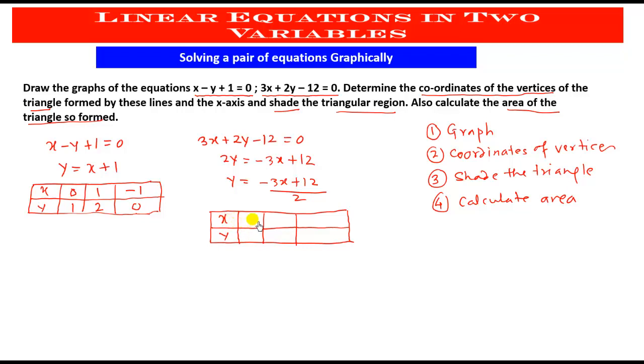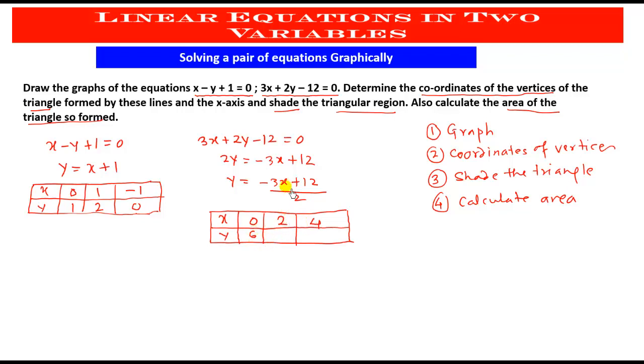I take the values of x as 0, 2 and 4. If x is 0, then minus 3 into 0 is 0, so 0 plus 12 is 12 upon 2, that is 6. So y will be 6.